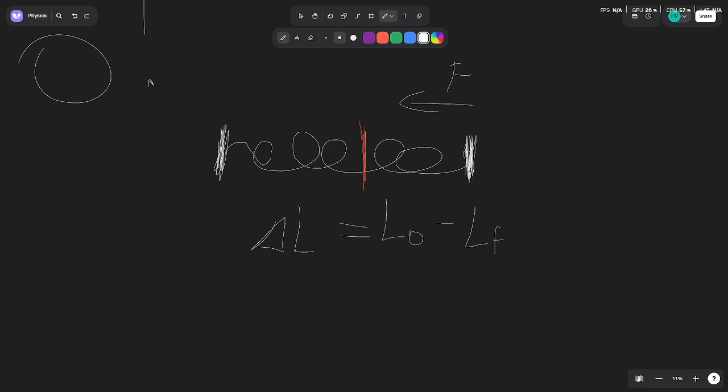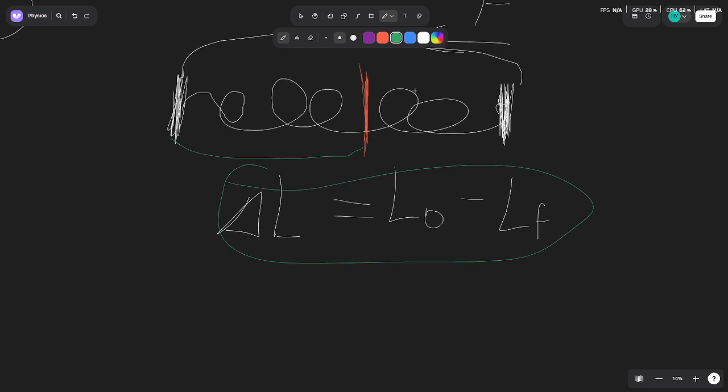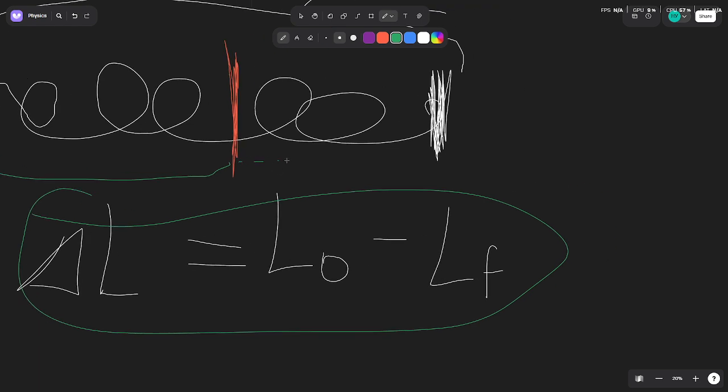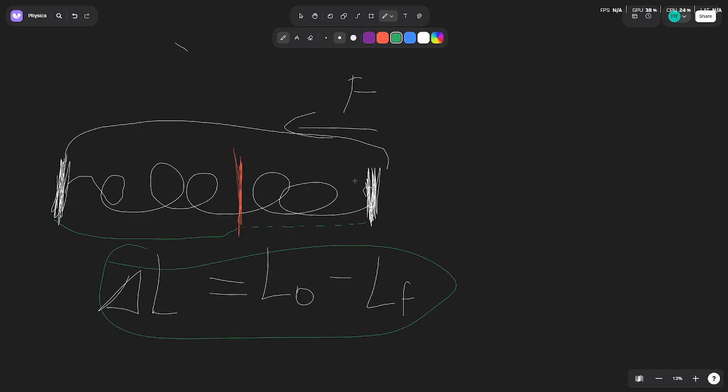So L original is the whole length of the spring, and L final, this part. So through this equation, we estimate this part, change in length, right? We estimate how far we pushed this spring.